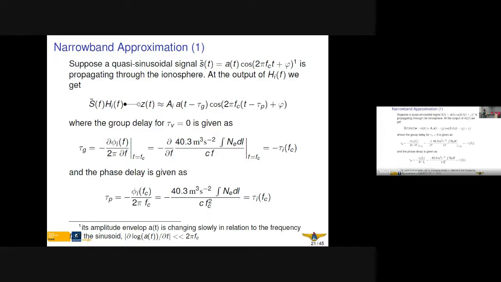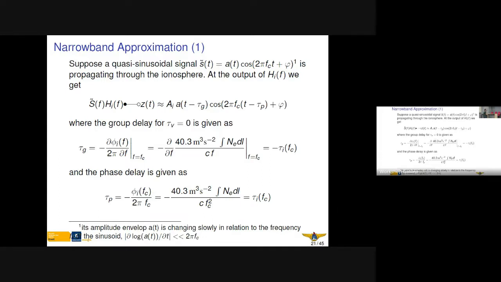The group delay tau g is minus the derivative of the phase of the transfer function of the ionosphere divided by 2 pi, with respect to f at the carrier frequency, because we are assuming a sinusoid at the carrier frequency fc.